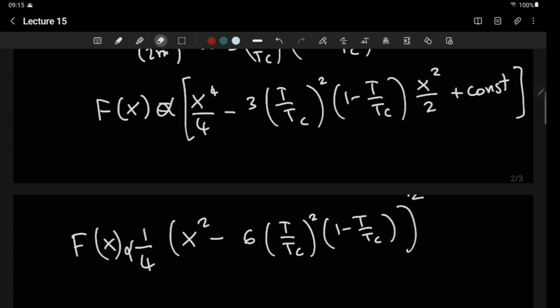F of x is proportional to this quantity. I pulled out a 1/4. Do you see this?